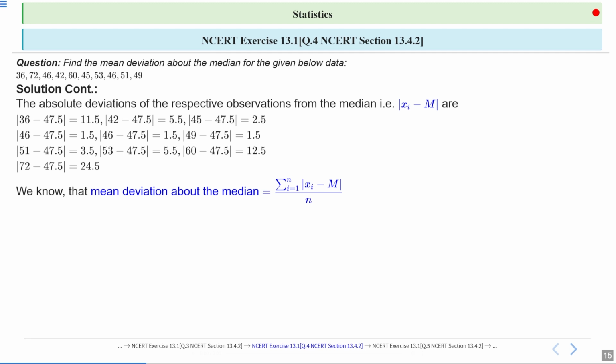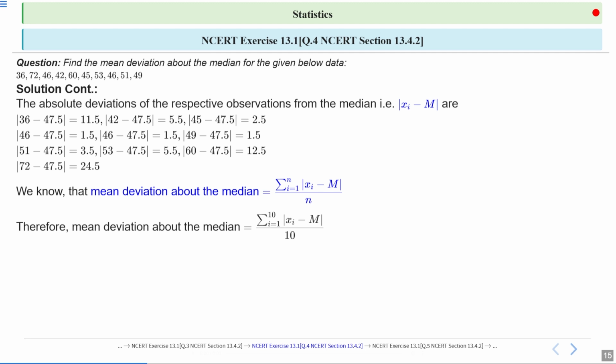And we know that mean deviation about the median is summation i equal to 1 to n absolute value of xi minus m divided by n. Therefore, mean deviation about the median is summation i equal to 1 to 10 absolute value of xi minus m divided by 10. So here we substituted the value of n as 10.